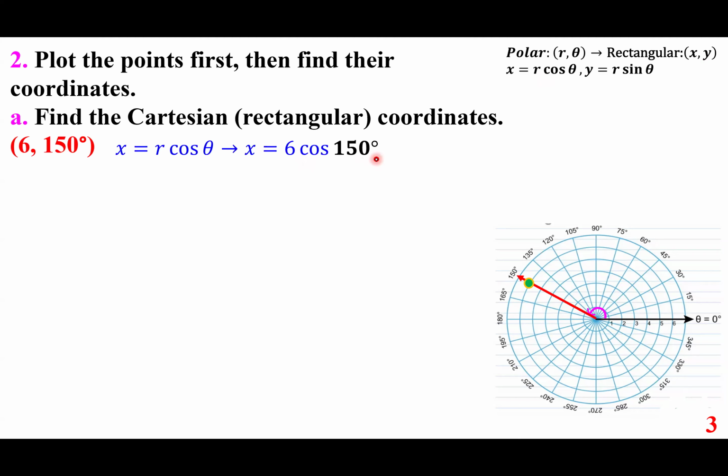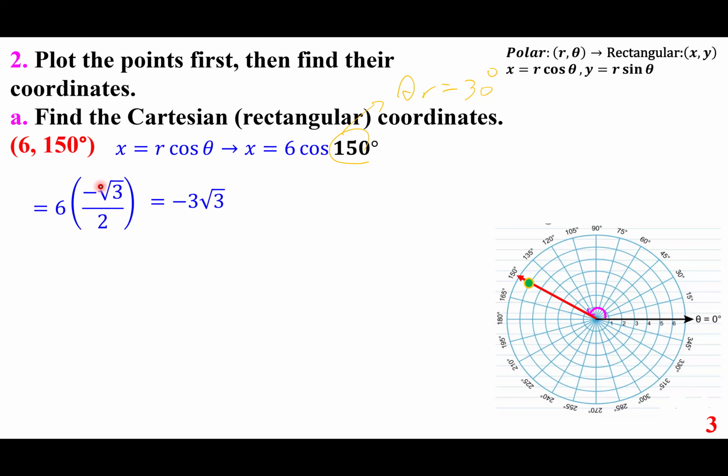And remember, for 150 degrees, the reference angle is 30 degrees. So cosine of 30 degrees, which is square root of 3 over 2, in the second quadrant is negative. 6 cancels out the 2, gives you 3. So negative 3 square root of 3 precisely.